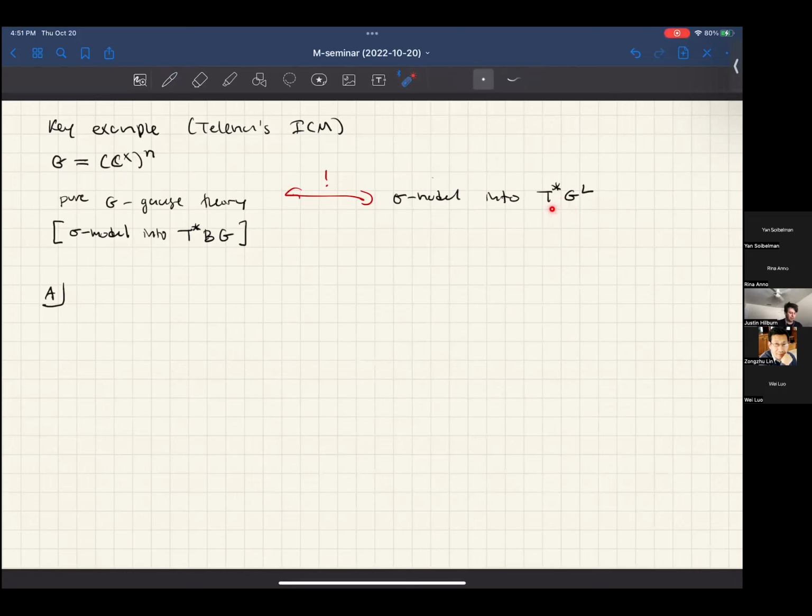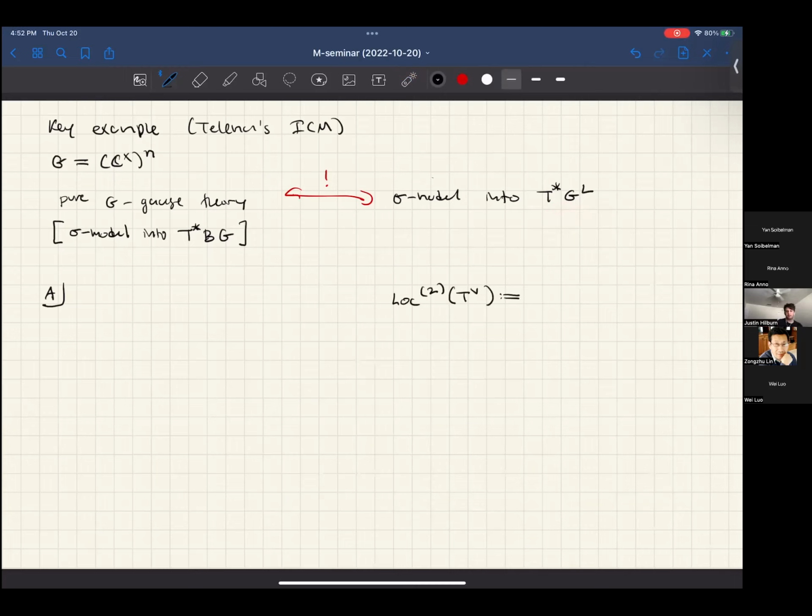So maybe the 3D A model for T star of C star, or generally T star of some torus, is just some higher version of local systems. So he makes this very interesting ansatz that this A model should be the two category of categorical local systems.